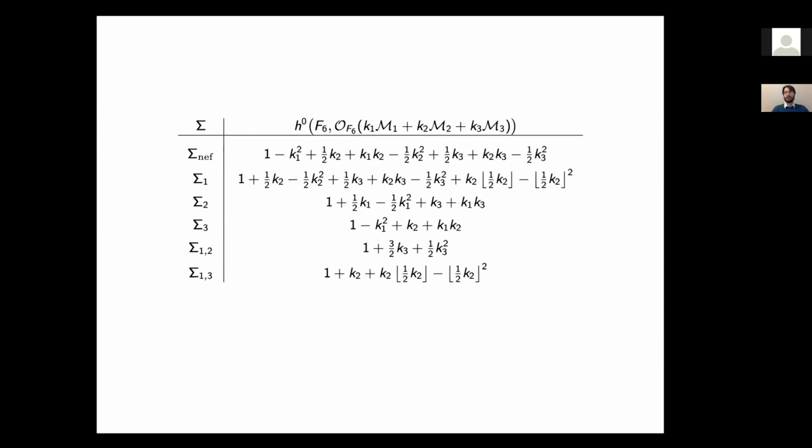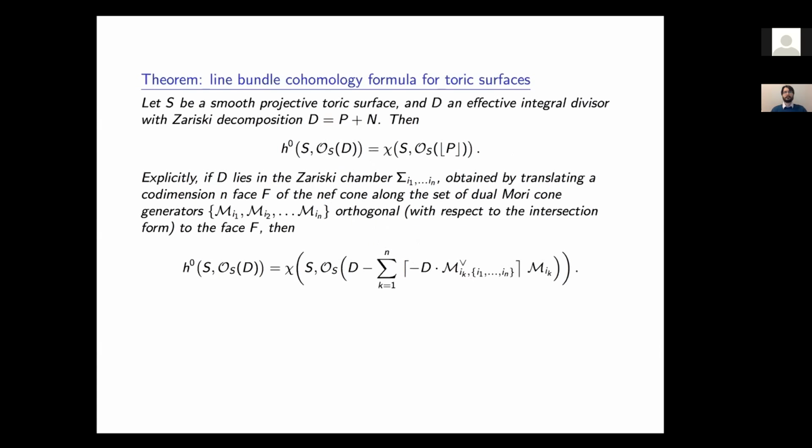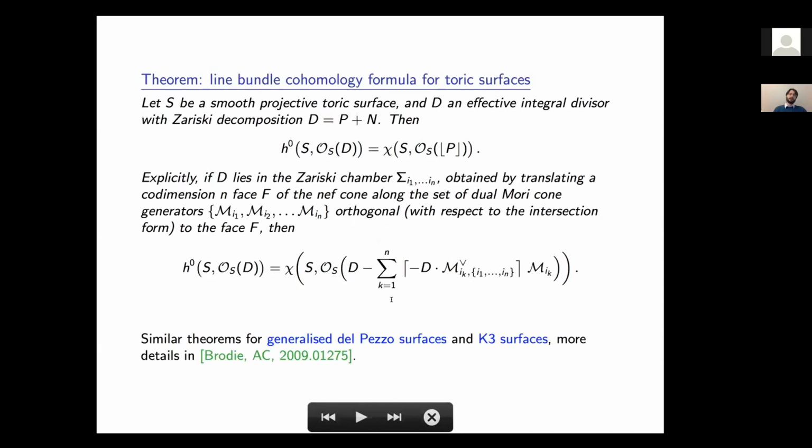If you know H0 on the whole Picard lattice, then you know the other two quantities. So there is a theorem, if you want to look in the paper, which gives you a formula for H0 on a toric surface, and there are similar results on generalized del Pezzo surfaces and on K3 surfaces. So more details are in this paper from September.